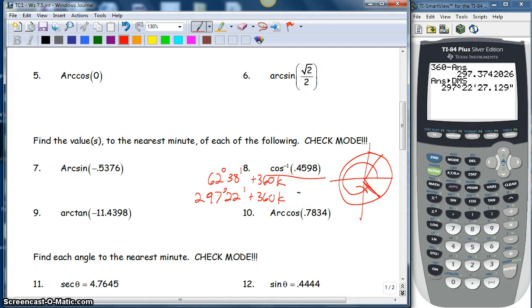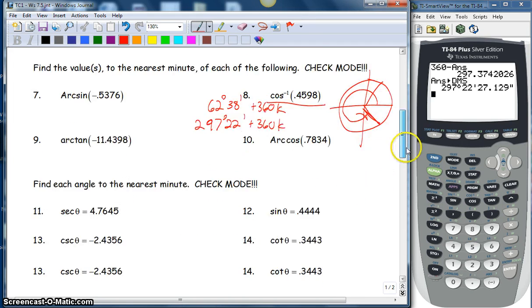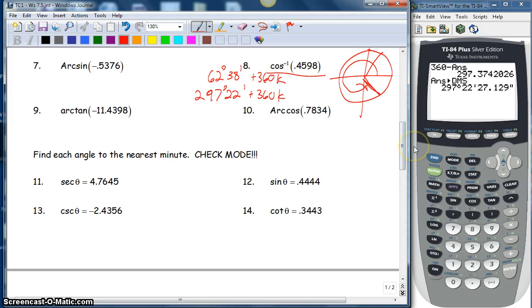Okay, now let's go on to number 11. You can't type this into the calculator because it says secant theta equals 4.7645. We need to turn it into cosine. So we can rewrite this as cosine of theta is equal to 1 over 4.7645, because they are reciprocals of each other. And now you can use cosine inverse to find your theta.